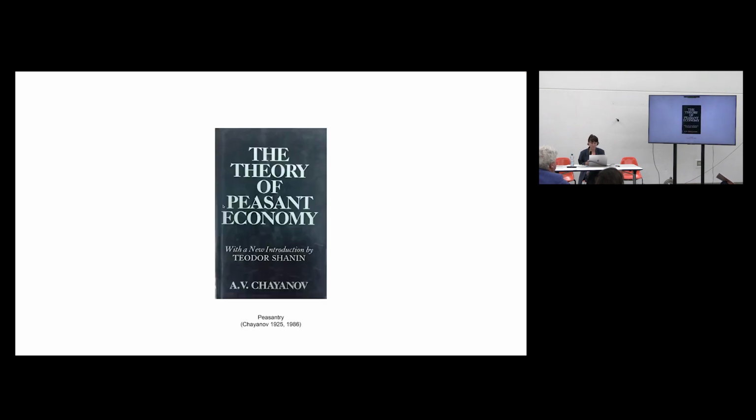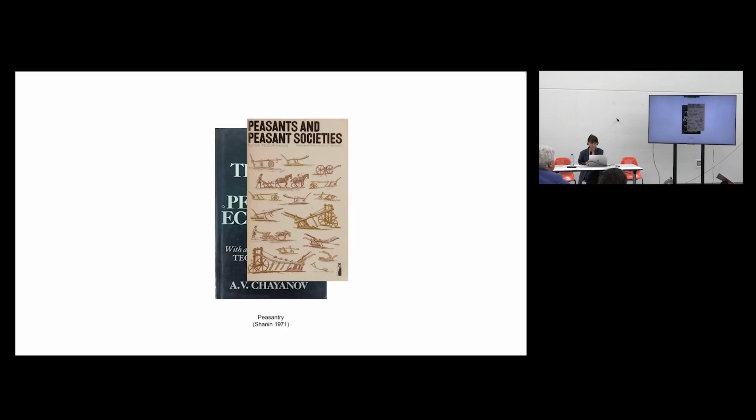To start with the first one, the definition of peasantry changed over time, and there is a lot of complex literature about it. I want to quickly introduce what characteristics it has. It's mostly the family farm as the basic unit of a multidimensional social organization. That means it doesn't necessarily have to be a family, but it's a farm. Then land husbandry as the main means of livelihood, directly providing the major part of the consumption needs.